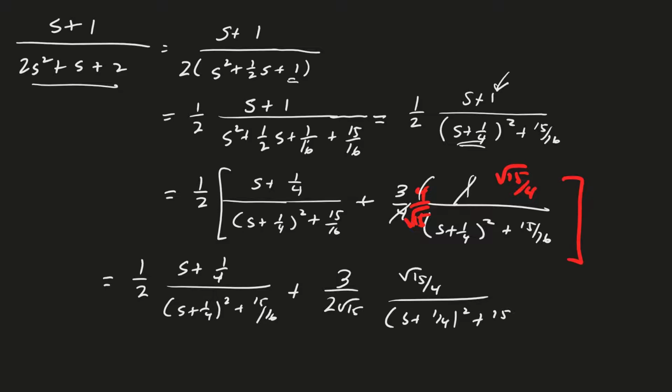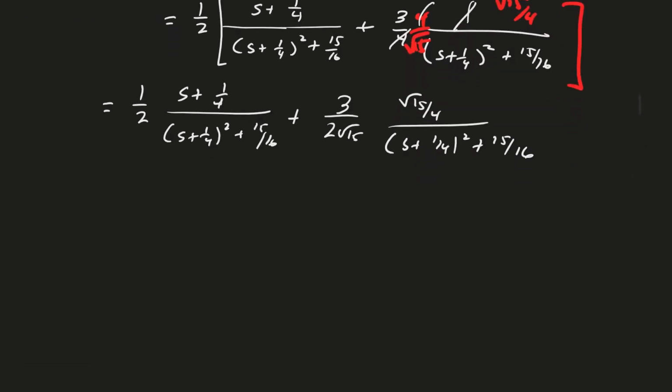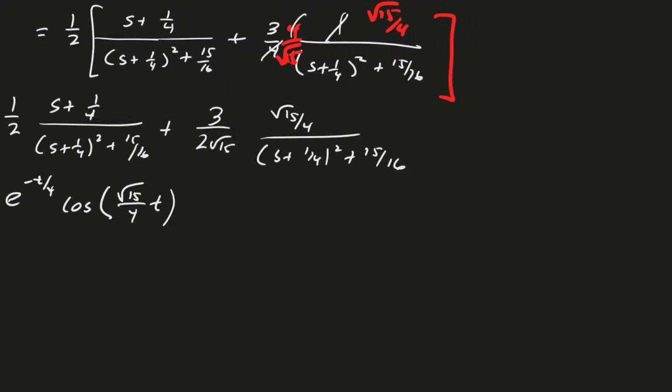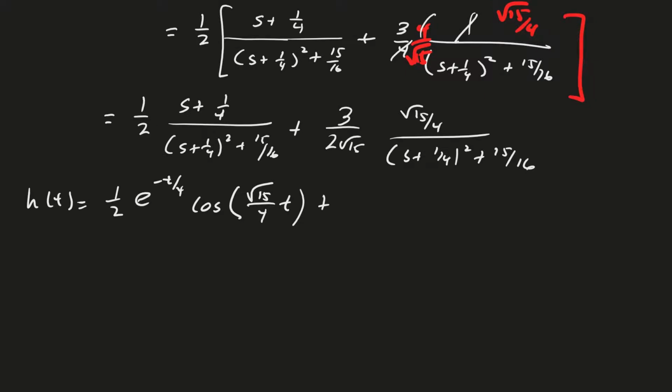Okay, so I think we are ready. Now, h(t) is therefore 1/2 e^(-t/4) cosine of (√15/4 times t) plus 3/(2√15) e^(-t/4) sine of (√15/4 times t).